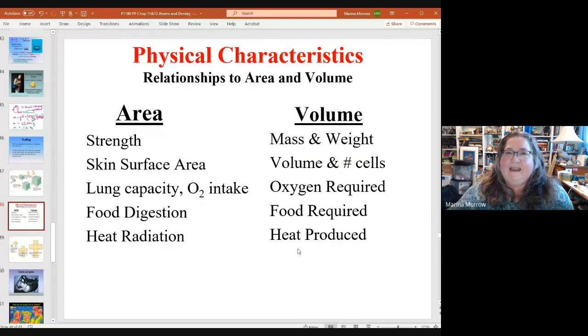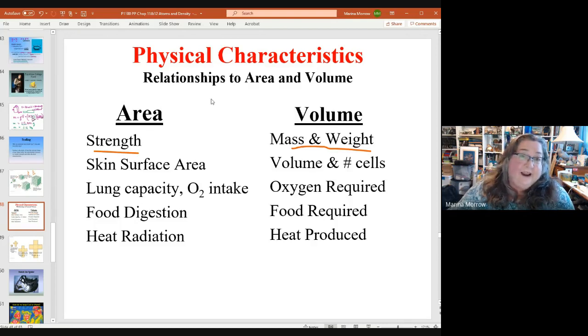Now, how do these relate to living creatures? Well, strength is a function of area, but mass and weight are a function of volume. So what happens if you suddenly have a dog that is 3 times larger, okay, then the dog will be 3 times stronger.